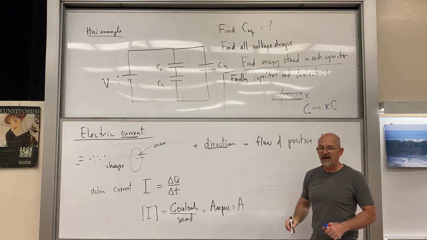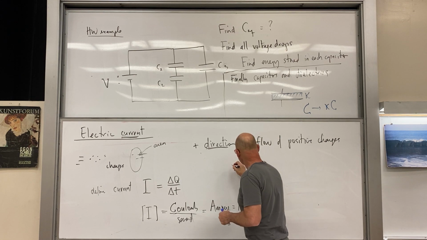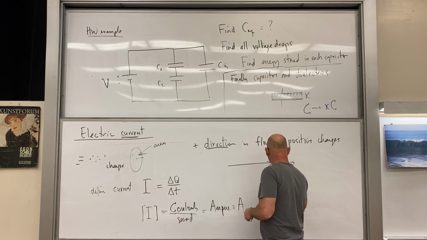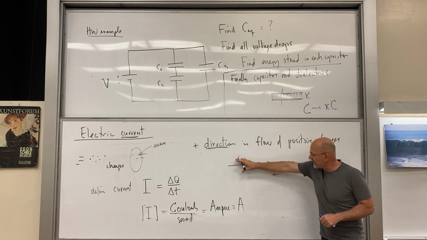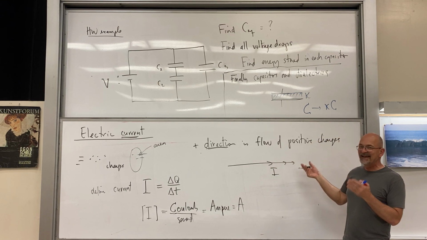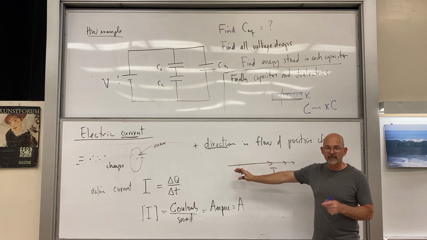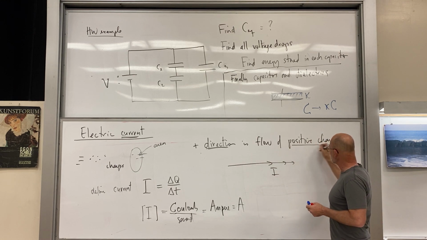So what if you have negative charges flowing, which is so often the case? Doesn't matter. Here's the direction of current, then formally we're just going to call it that, and if we need it, we'll know that the electrons are actually going in the opposite direction. But as far as our formalism goes, it's just the flow of positive charges.